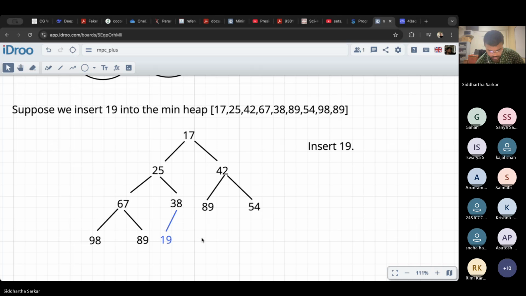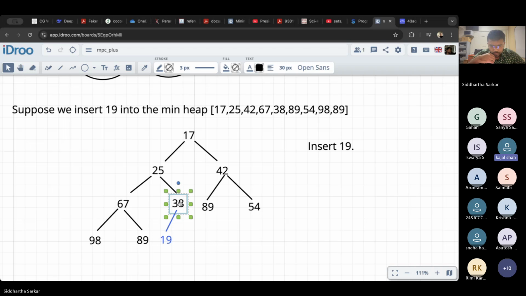No. Why is it not a min heap? Above 19 is already a larger element, so that has to be rearranged now.